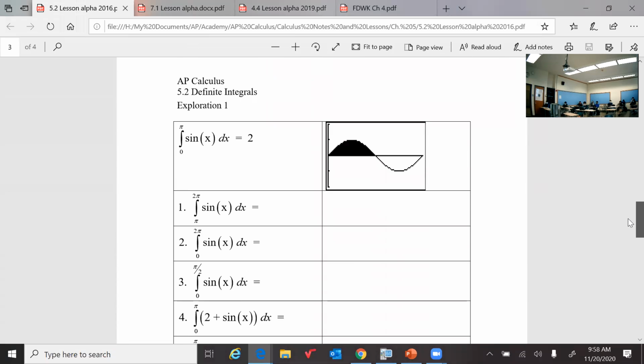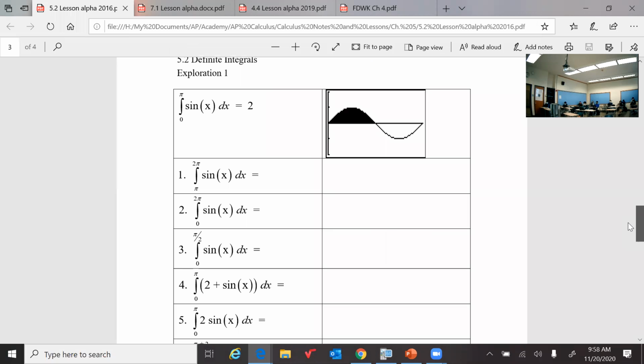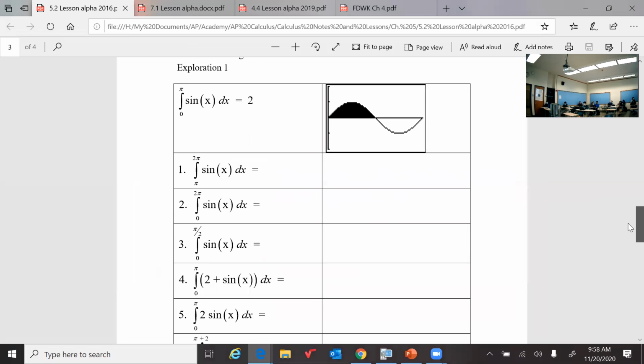Speaking of the sine wave, they're telling you this. This is given. It's true. And we'll show you how to do this. We're not there yet. But we're going to start with the area under the sine wave from 0 to pi equals 2. That shaded area is 2.